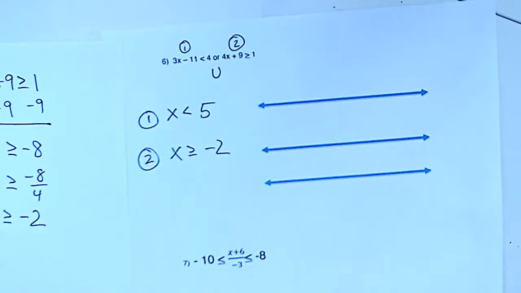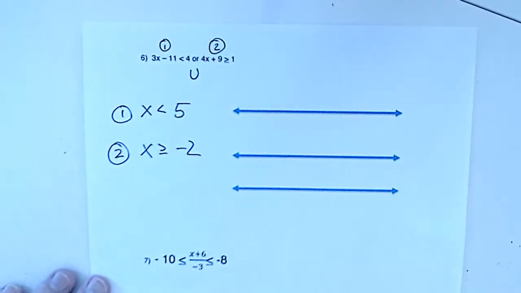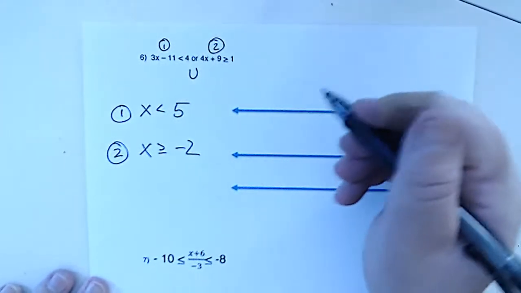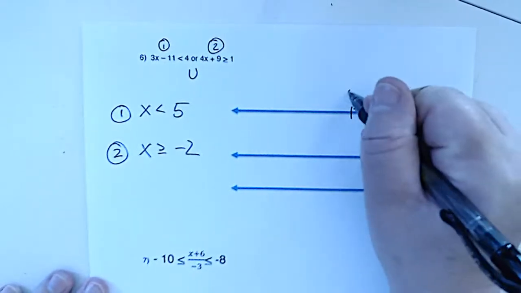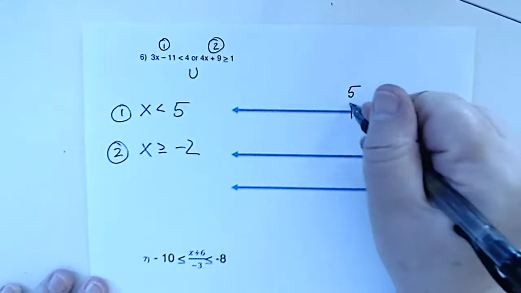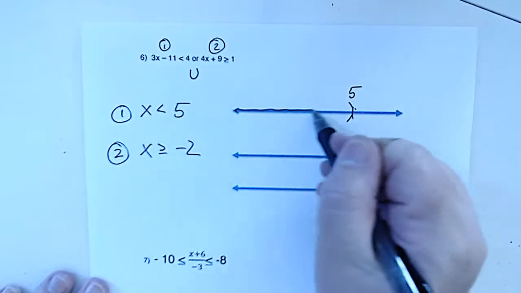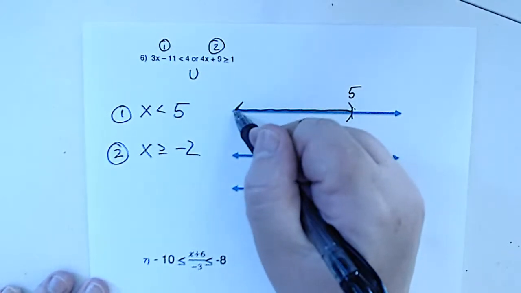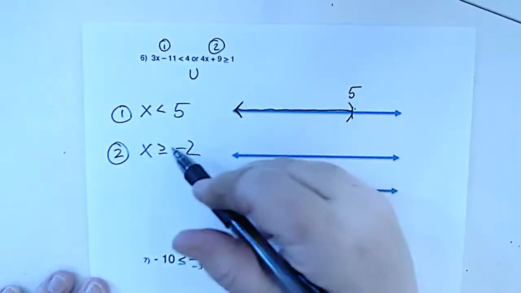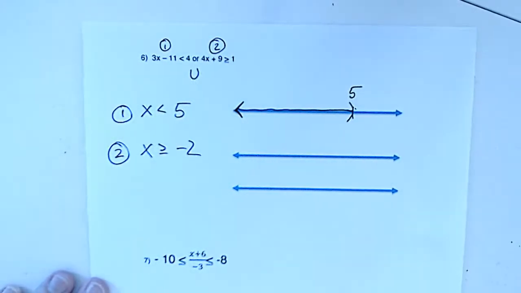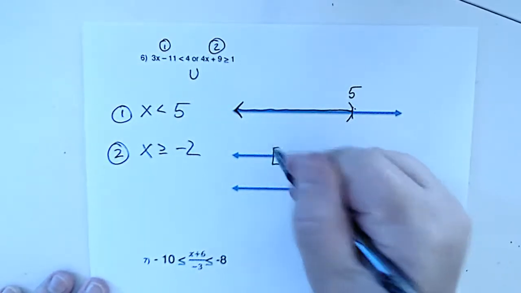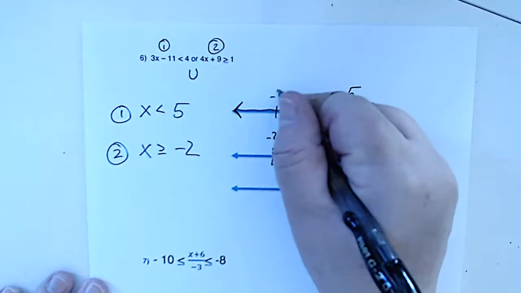So we've got those two to graph. Awesome. So I need to graph a negative 2 and a 5. So here's 5. X is less than 5, so it's going to go right here. And x is greater than or equal to negative 2, so that's going to go right here.